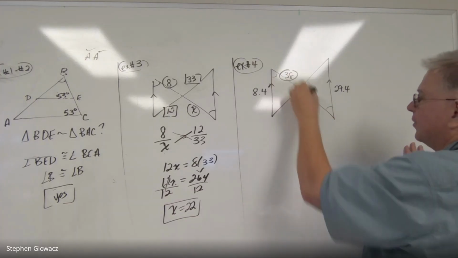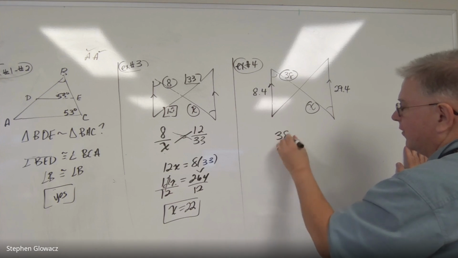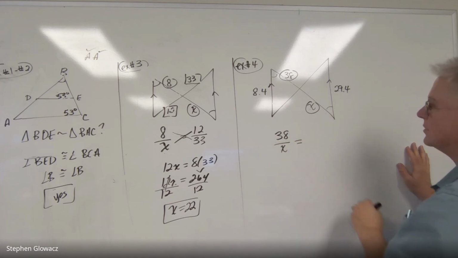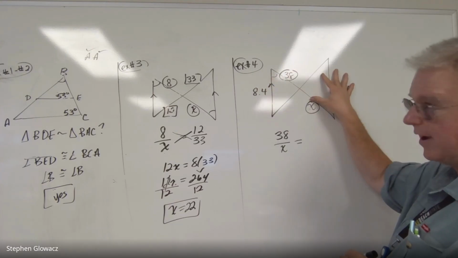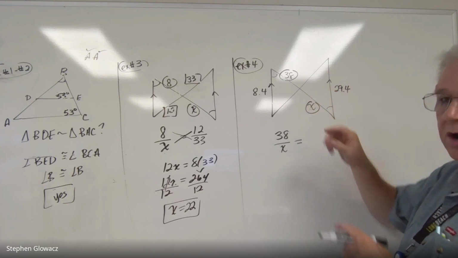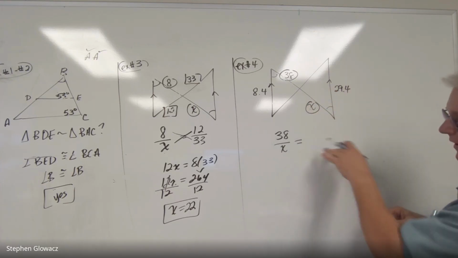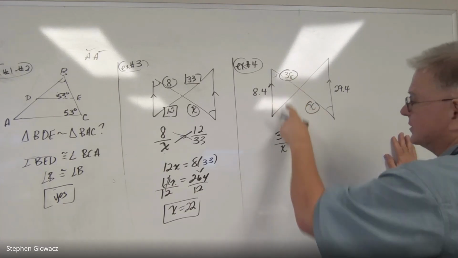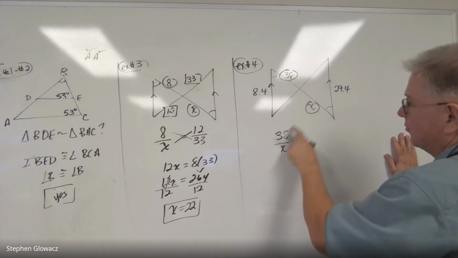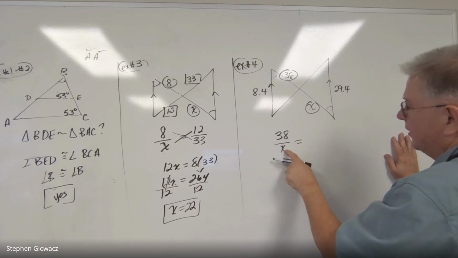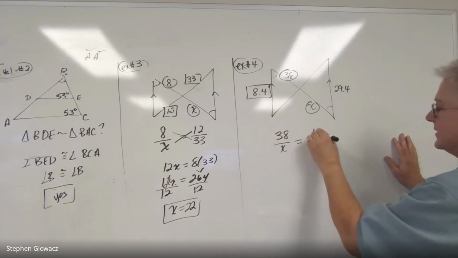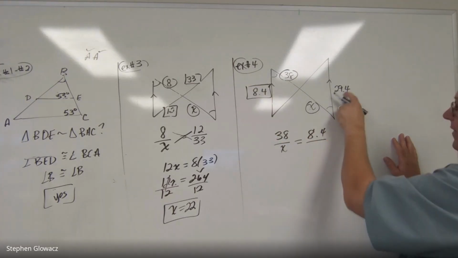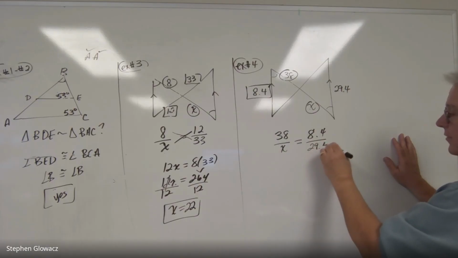So we would have 38 is to x, or 38 over x, equals, and once again, we're going that left to right. This triangle, then this triangle. We have to go in that same order, or we won't be setting this up correctly. So if this side is in the numerator, this side has to be in the numerator of the other fraction, and likewise, this side's in the denominator, and this side's in the denominator.